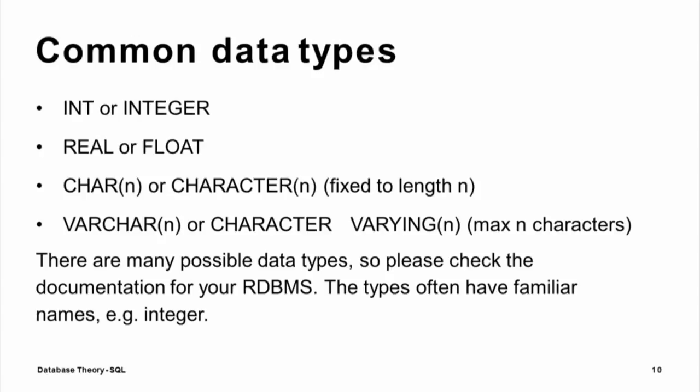If you tell it to store 10 characters, it will always store 10 characters. So even if you are using 4 of them, then it will append 6 spaces, I think. So it always adds up to 10 characters.